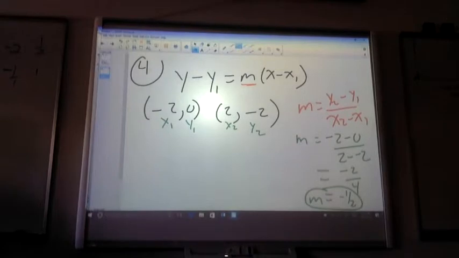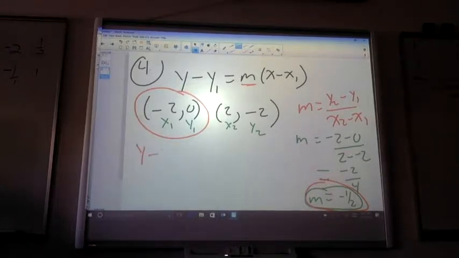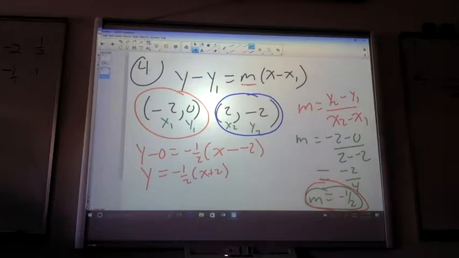So if I take my slope and I take this set of points here, I'm going to get y minus 0 equals negative 1/2 x minus minus 2, which yields y equals negative 1/2 x plus 2. Agree? But what would happen if I were to take this point right here? That would give me y minus minus 2, so y plus 2, equals negative 1/2 x minus 2.